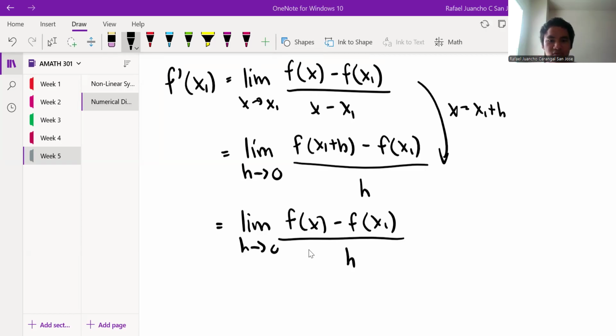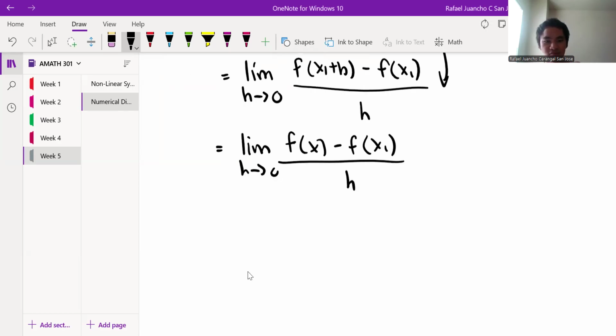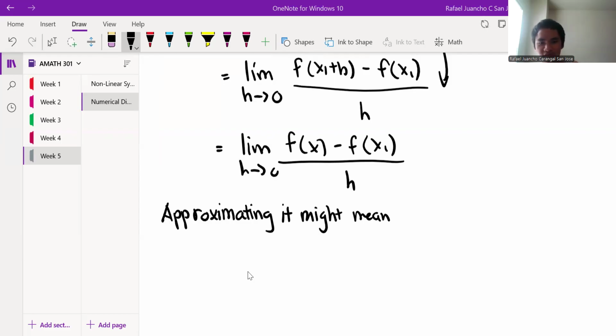And so approximating it might mean to ignore the limit and fill in h as it gets smaller, right? That could be something we can do when we approximate it. What if we just ignore completely the limit and we just look at this? Approximating it might mean to ignore the limit and fill in when h is small. Now, what do we mean by small?